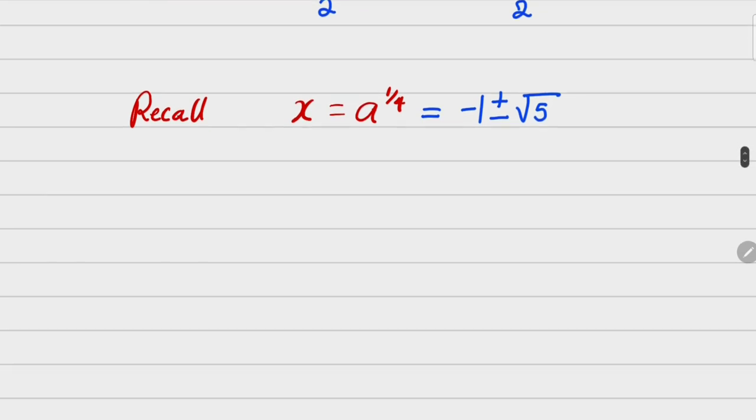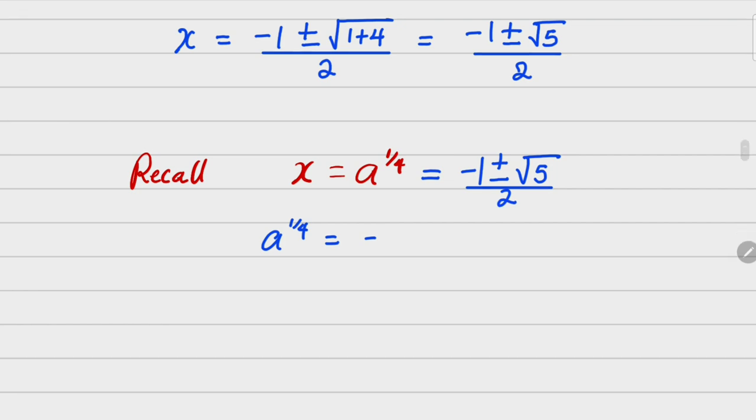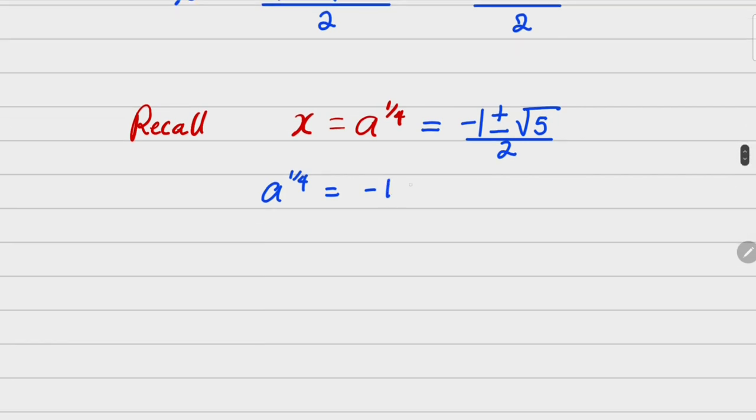But there is something that I want us to understand here. You see, a raised to the power 1 over 4 is either minus 1 plus root of 5 all over 2, or minus 1 minus root of 5 all over 2.